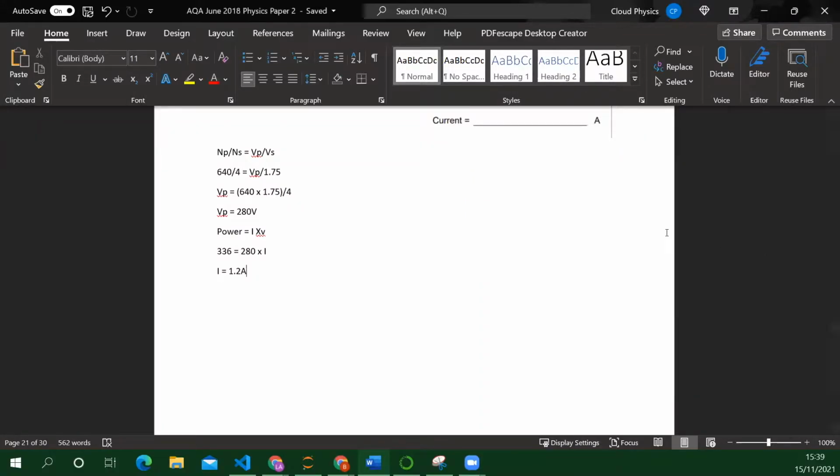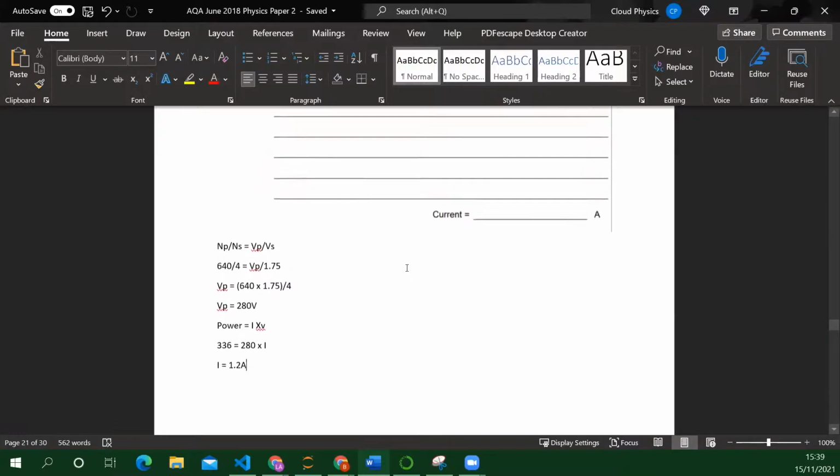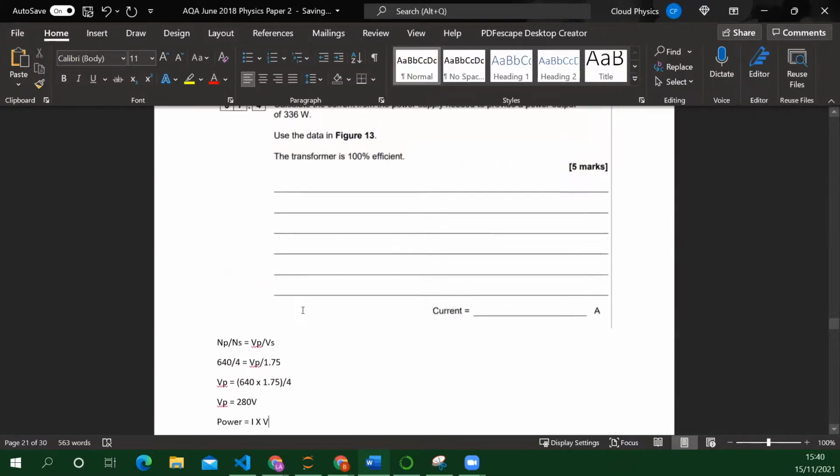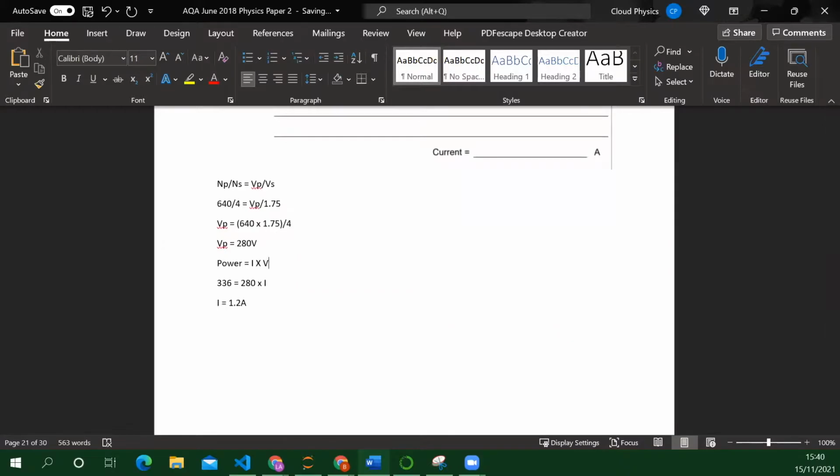So it's just working out the transformer equation, then working out P equals IV. That should be a capital, make it clearer. So the transformer equation, and then I've worked out power equals IV. It's not as bad as it looks, there's 2 equations there.